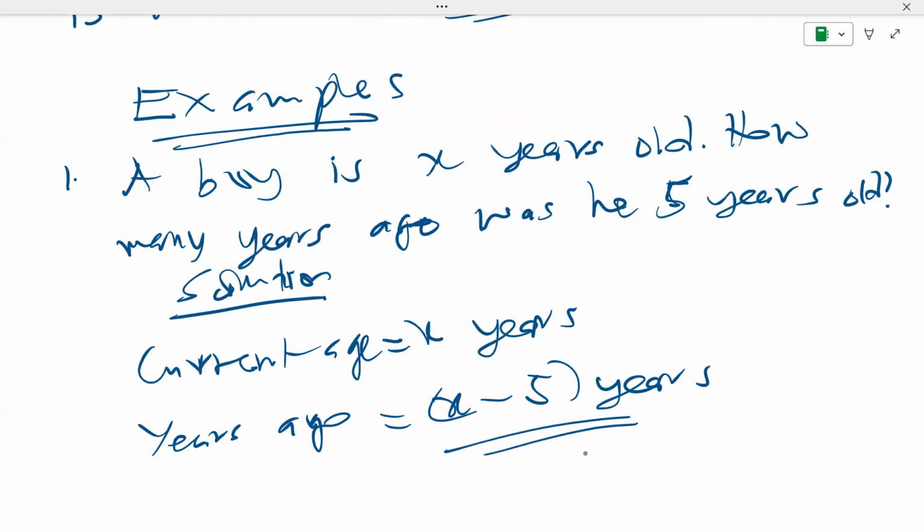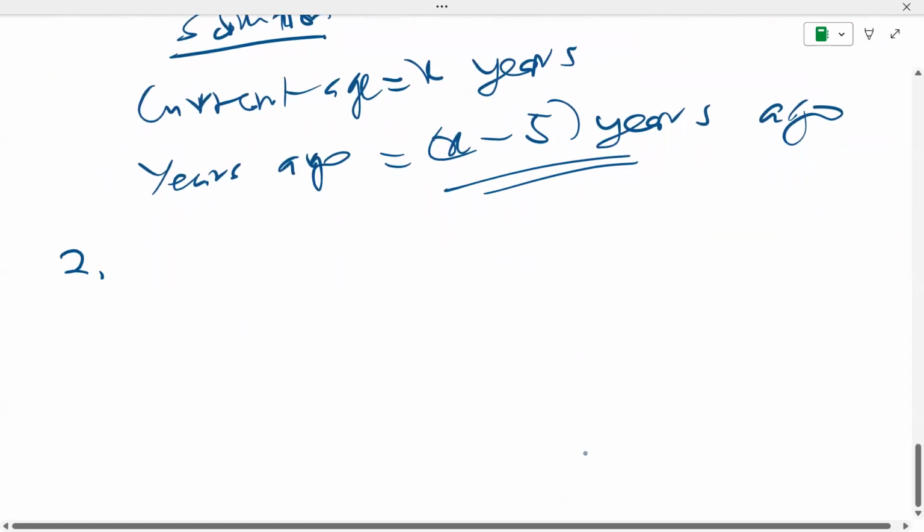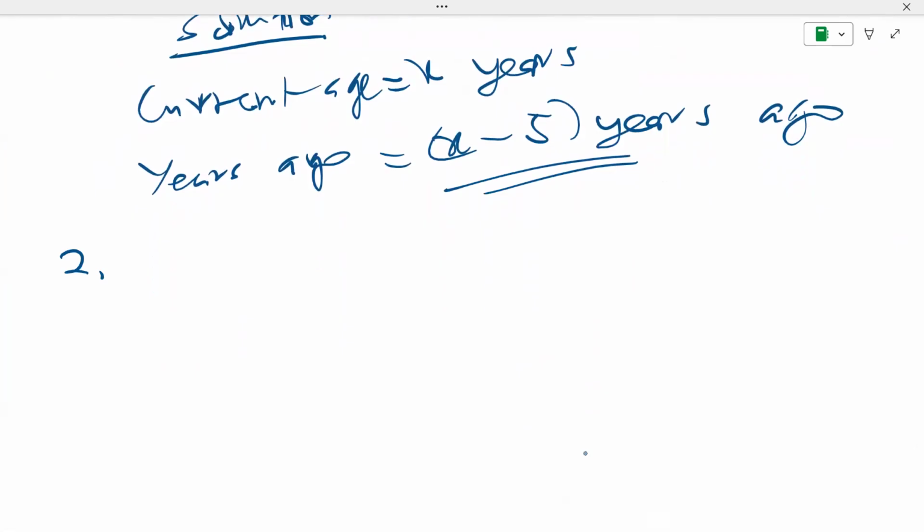So it will be X minus 5 years ago. That's great. So look at it carefully. That's question 1. Great. We are moving on to question 2, and we'll see how to manage that as well.